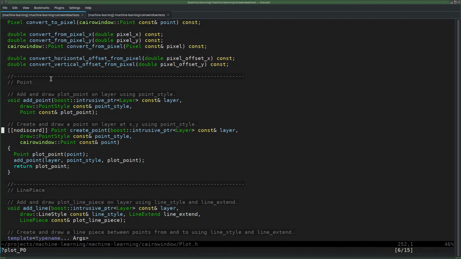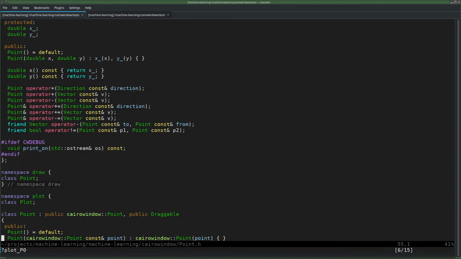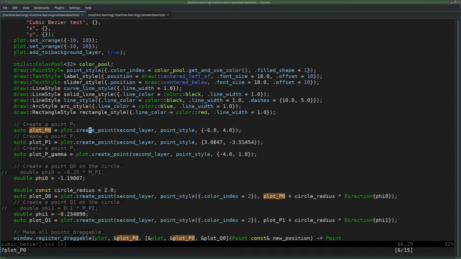But we are in namespace plot. I don't have a plot point, I think. Do I? Probably. Yeah, okay, so I have to go to a point and then find a point in namespace plot. So that would be this one, which is derived from Cairo window point, which is what the other one takes. So I can just pass it. A point is a point is a point is a point. If you get my point.